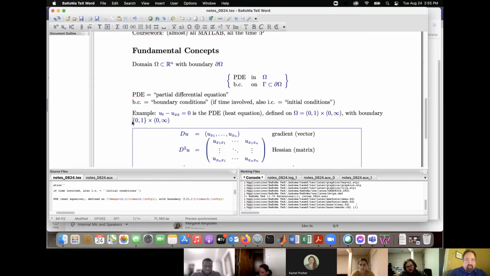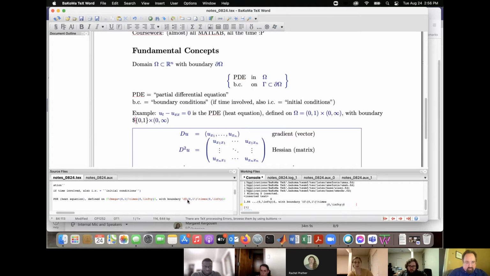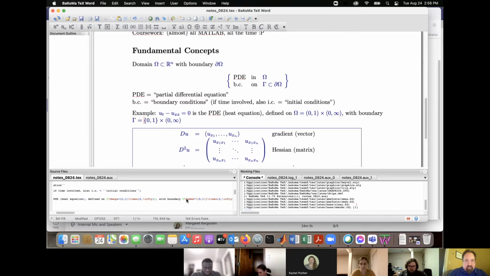All right, and this symbol, I'm using gamma. Gamma would refer to x is 0, x is 1, and then for all time, for boundary conditions in space.